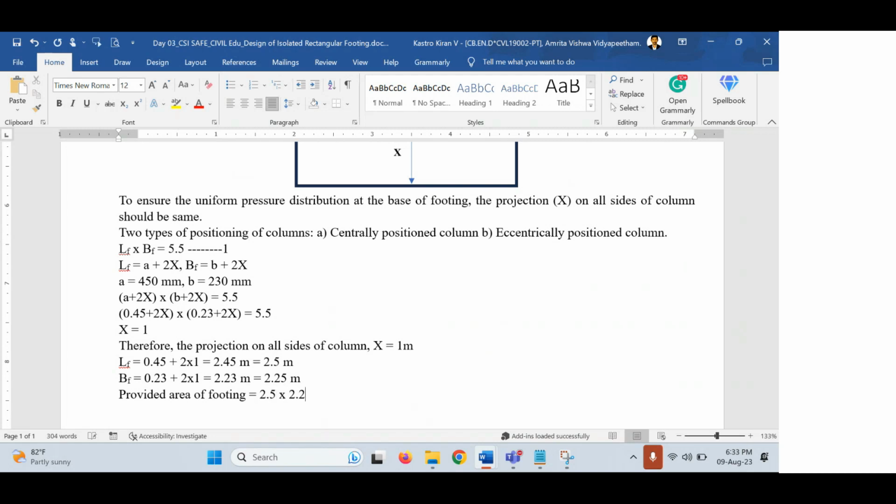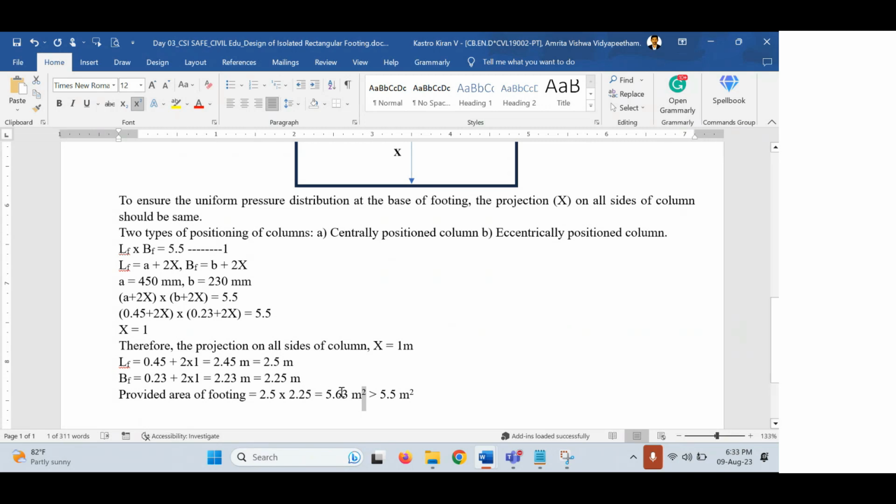This is the provided area, which gives you 5.63 square meters. So 5.63 square meters is greater than the required area, which is 5.5 square meters. Therefore, the area that we have provided to this footing is in a safe condition, so there is no problem.